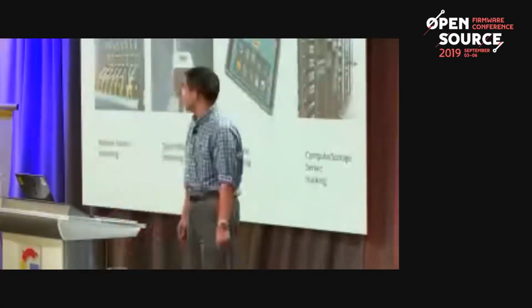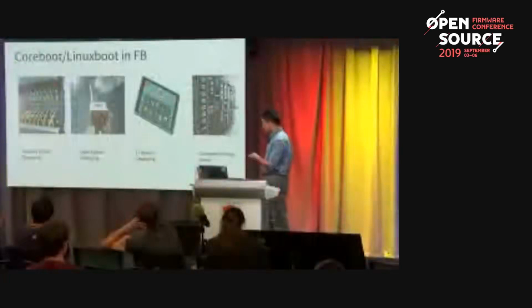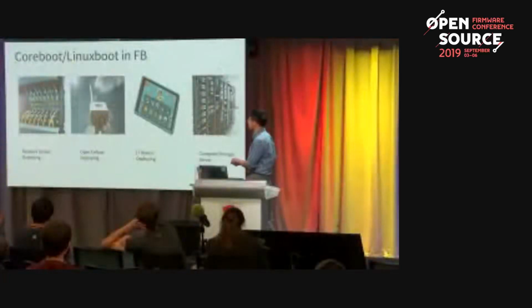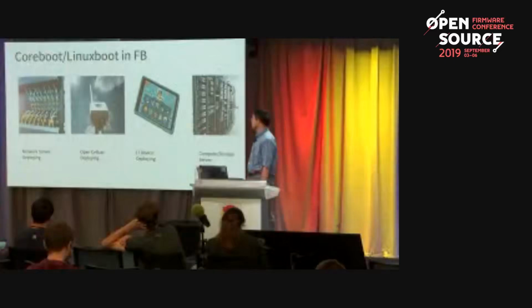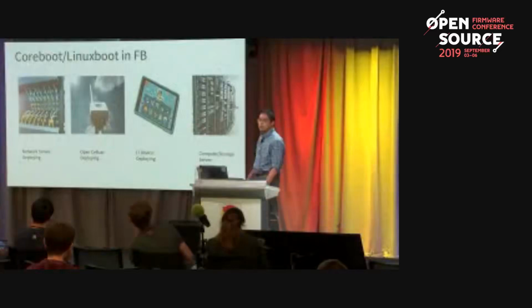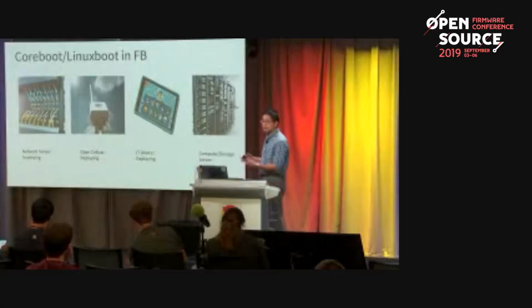So at Facebook right now, we are doing network server deployment. If you remember, yesterday morning Ron had the code, right? That was an announcement from our networking team that they built a new switch. It's great, a shiny new switch.